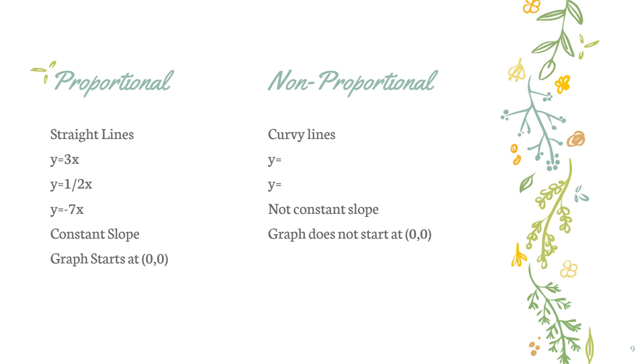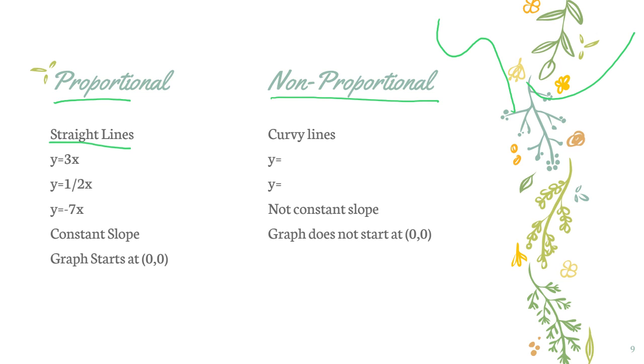Okay, so now we have proportional versus non-proportional. So proportional relationships are straight lines, whereas non-proportional relationships would have curvy lines. So if you have anything that is not a straight line, if it curves in any way, then it would be non-proportional.